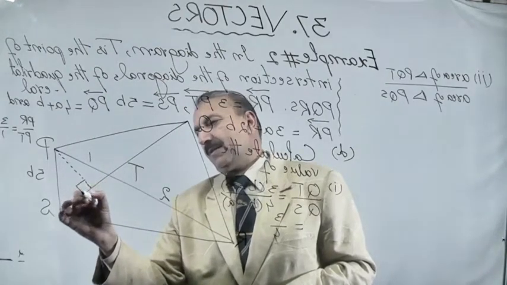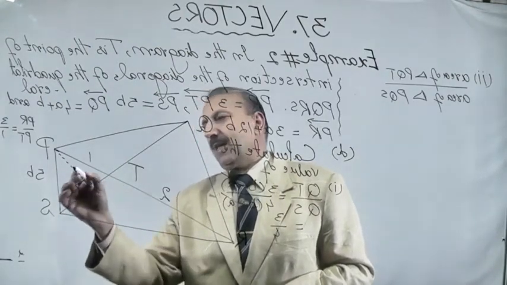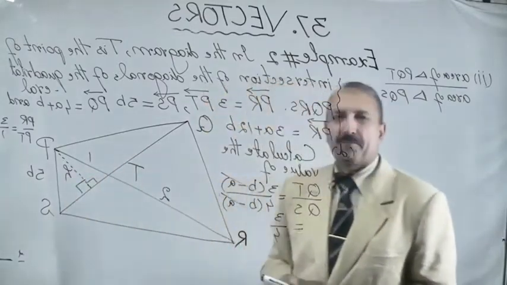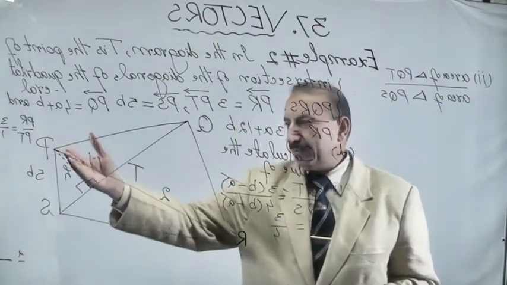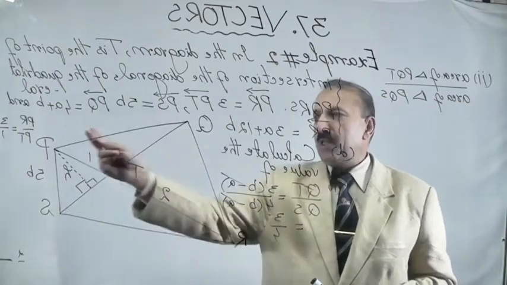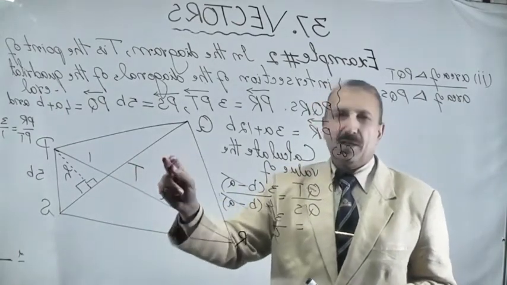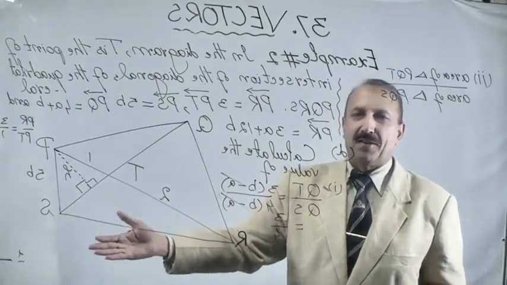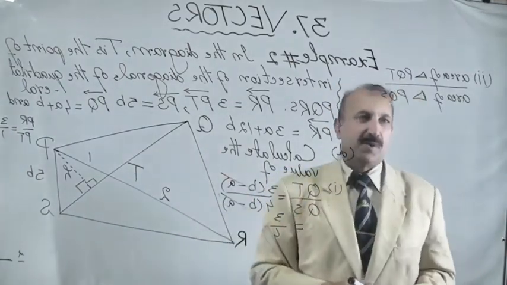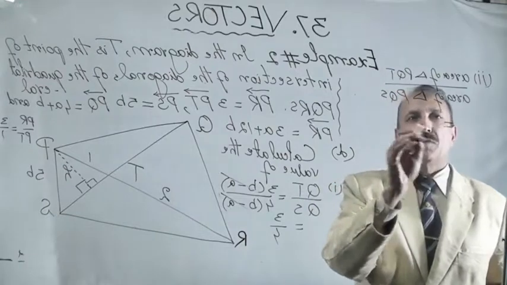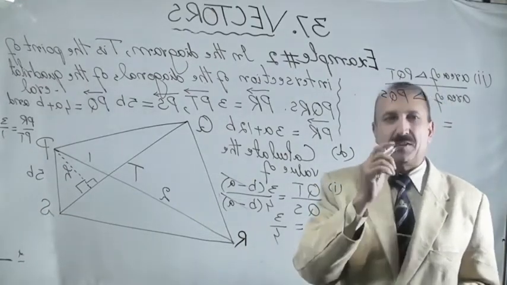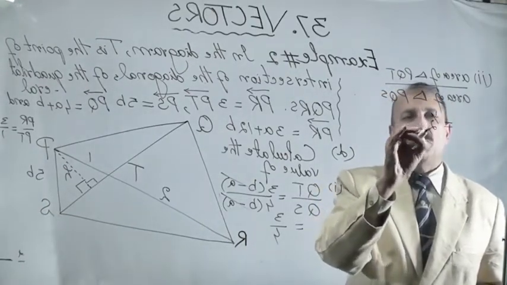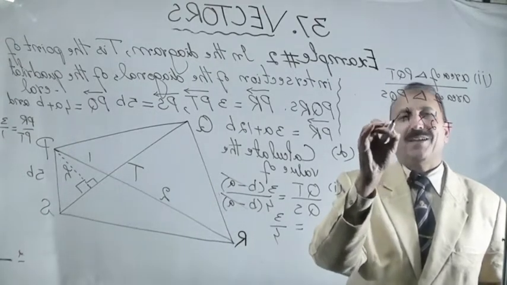Yes. And this is H here. The common height is here. This is H. The base for PQT is QT, and the base for PQS is QS. Let's write it the way we normally write. The area of these two triangles is equal to 1 by 2 into height H into base.